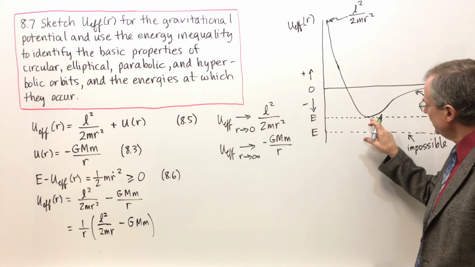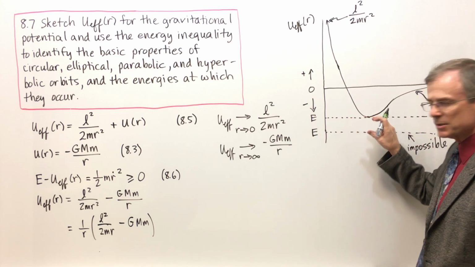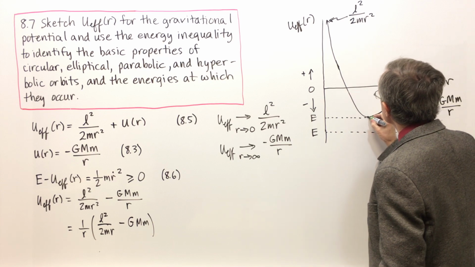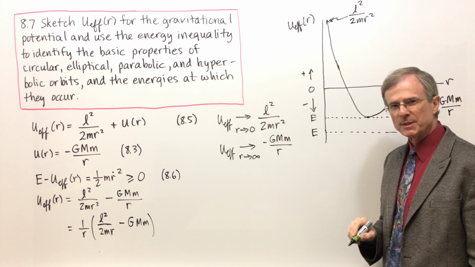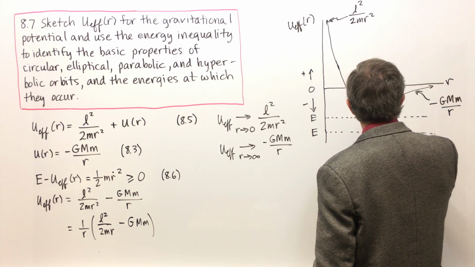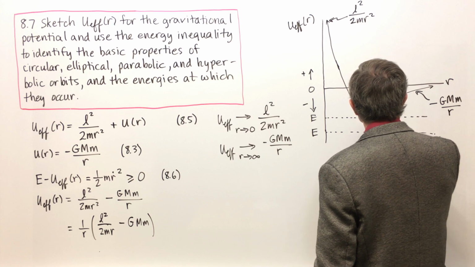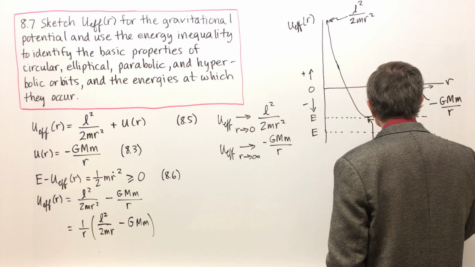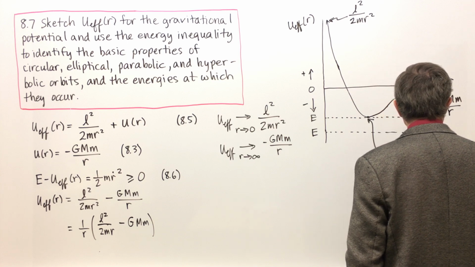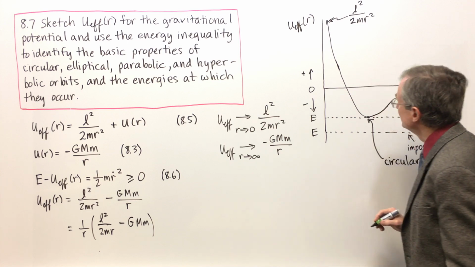At that value of E, where it exactly touches the bottom of that minimum, we have one spot on this curve that's permissible, and that is a circular orbit. How do I know?